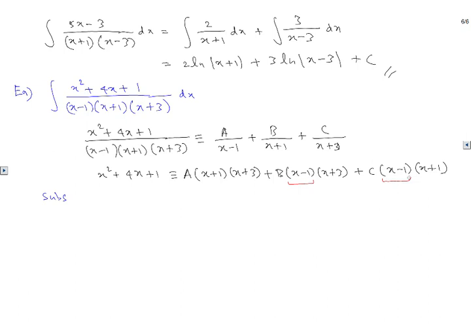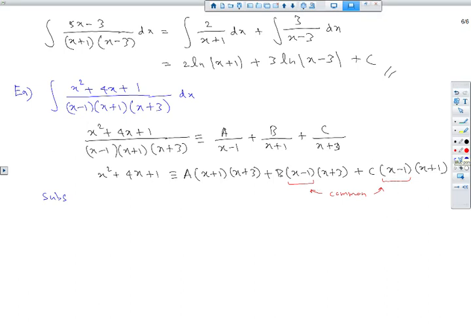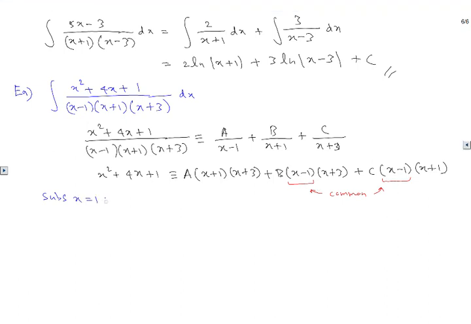That means you plug in x equal 1 to make that 0. That's exactly what we do. If you plug in x equal 1, you get 1 plus 4 plus 1 here. On the right, you get a times (2 times 4), plus 0 and 0.